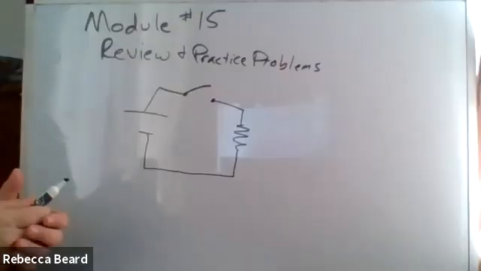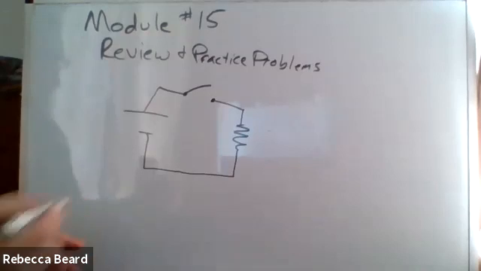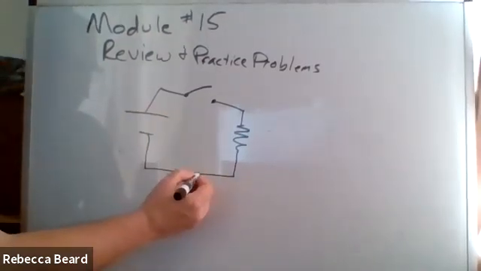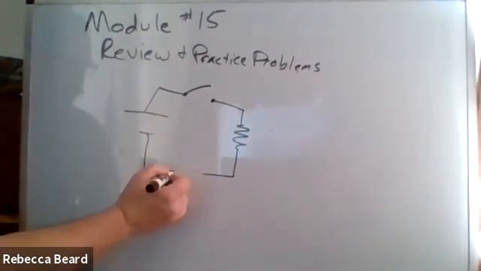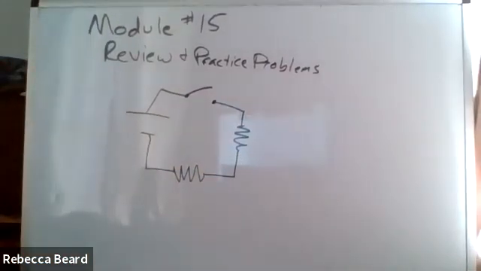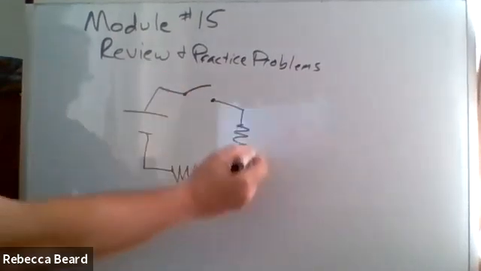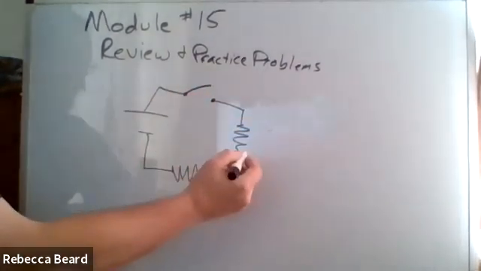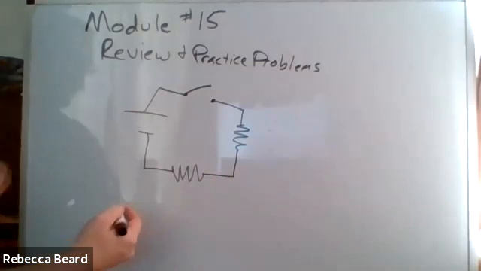Correct. So in a series, it's got to go through all the components in the circuit. And resistors are really most of what we talk about here. So this is a series circuit where it goes to the switch, it goes to resistor 1, or it goes to resistor 2.